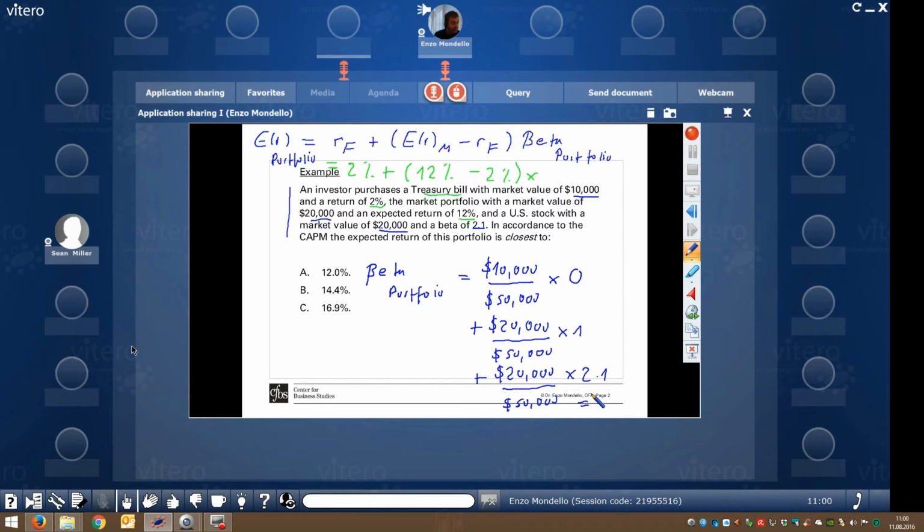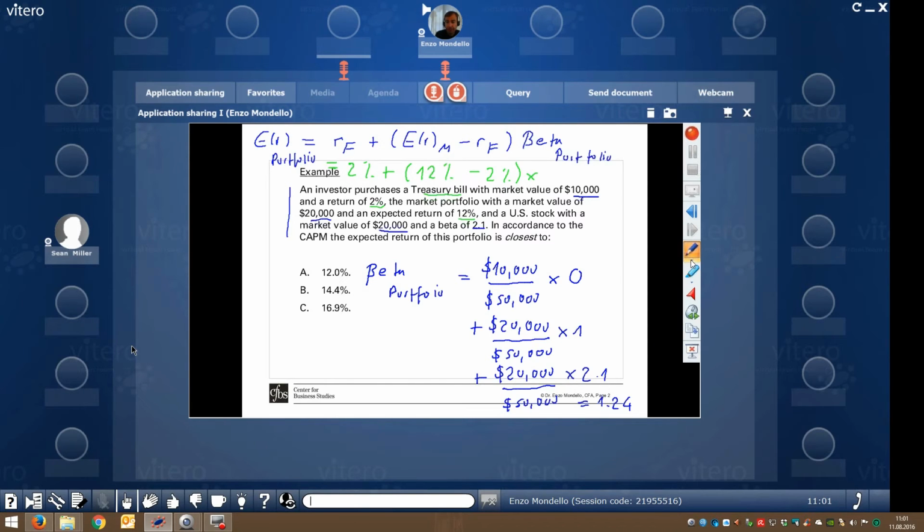So that gives then, if you plug the figures in your calculator, you should come up with a portfolio beta of 1.24. So that's a portfolio beta of 1.24.